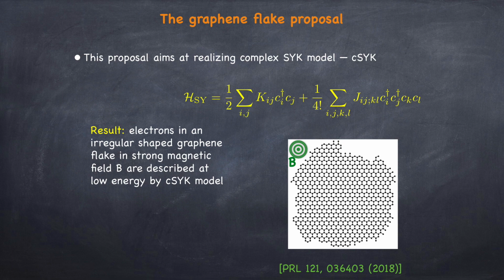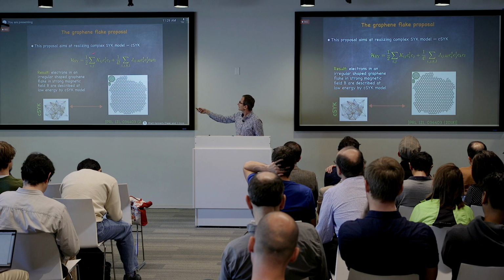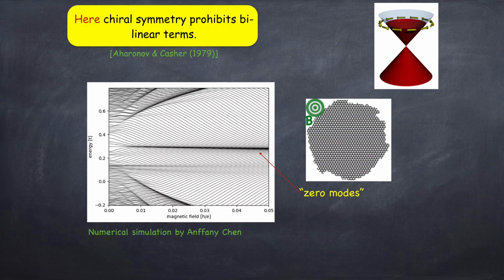If you take a single graphene flake of a nanoscale size, hundreds of nanometers in size, which has a fairly irregular boundary, and you apply strong magnetic field perpendicular to it, then at low energies, the electrons are described by the complex fermion version of the SYK model with these bilinear terms, again, being small or negligible due to something called the chiral symmetry that is present.